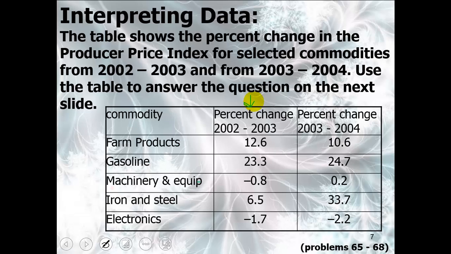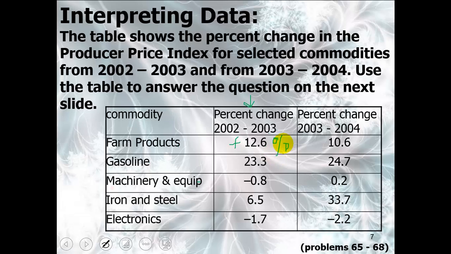This is the year 2002, 2003. This is the year 2003, 2004. So for farm products, the percent of change from 02 to 03 was a positive 12.6%. That's percent of change, okay?